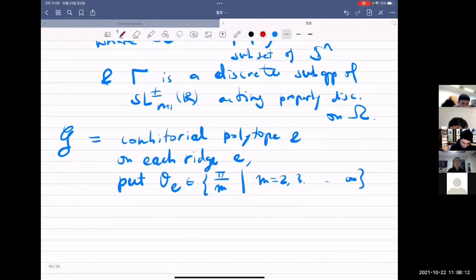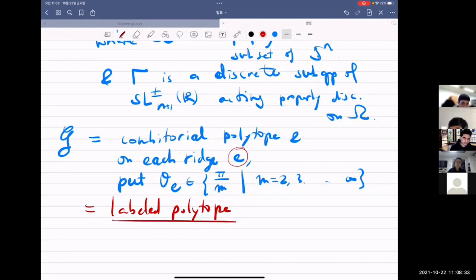So it is the combinatorial polytope together with the ridge labeling, where the ridges are, of course, the faces of codimension 2. So that's why I call it a labeled polytope.